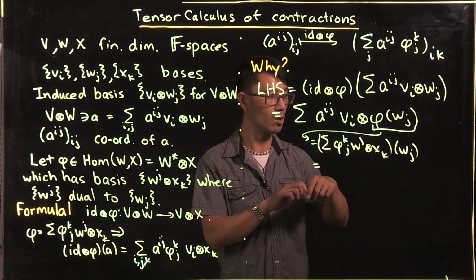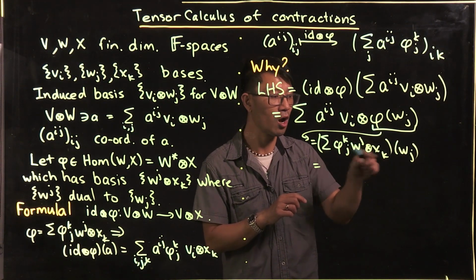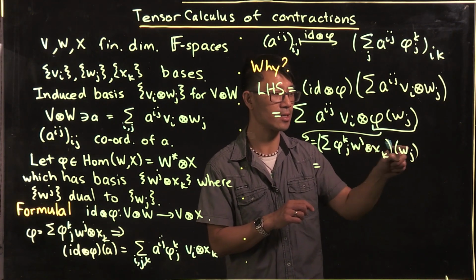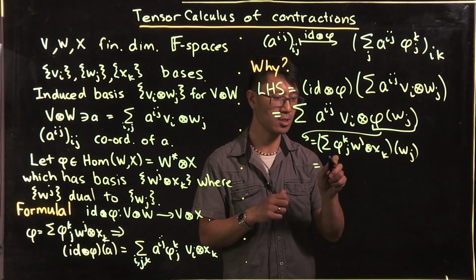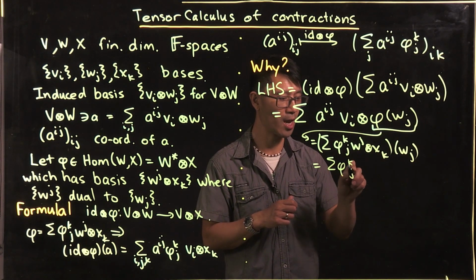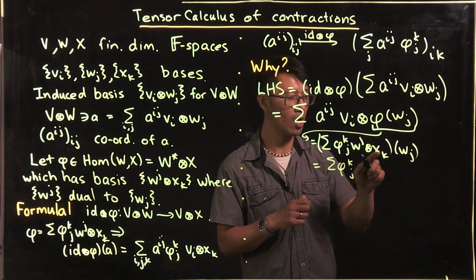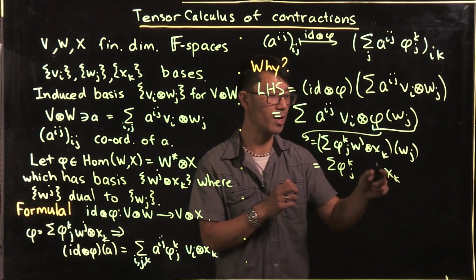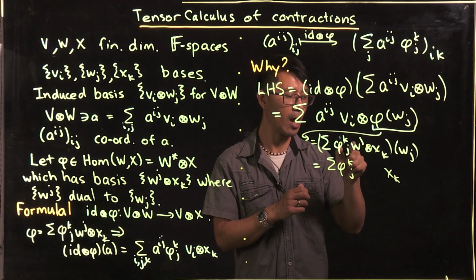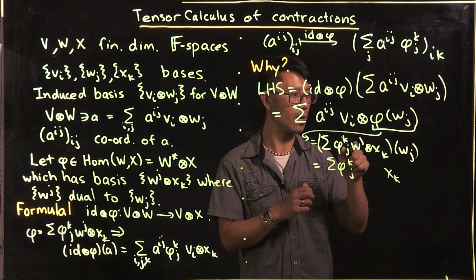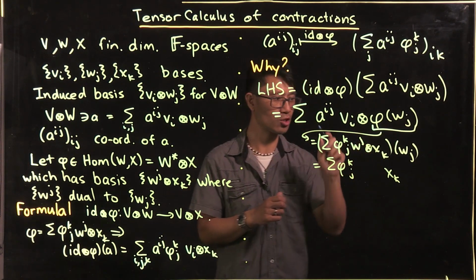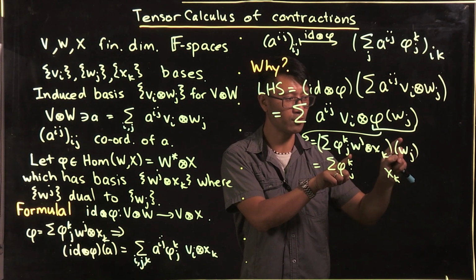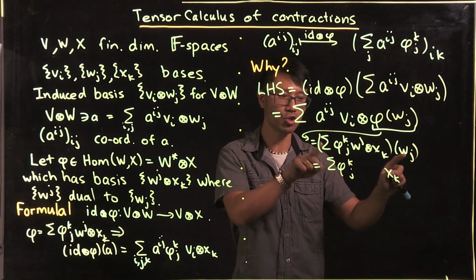It's easy enough. Firstly, this is a linear combination of these maps. So where does this send this to? This is just the sum, phi_kj. What you do now is that this has to be some element of x. In fact, it's going to be a linear combination of these x_k's. I should have been careful here, because there's a clash of notations. I've got a j here and a j here, but this should be a dummy variable.